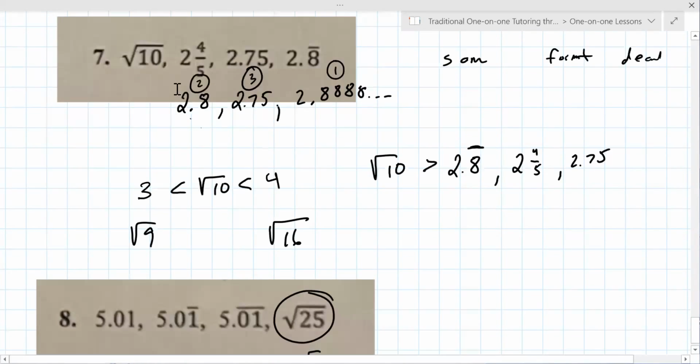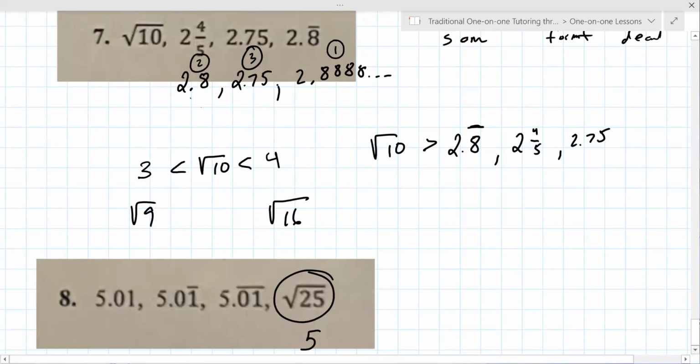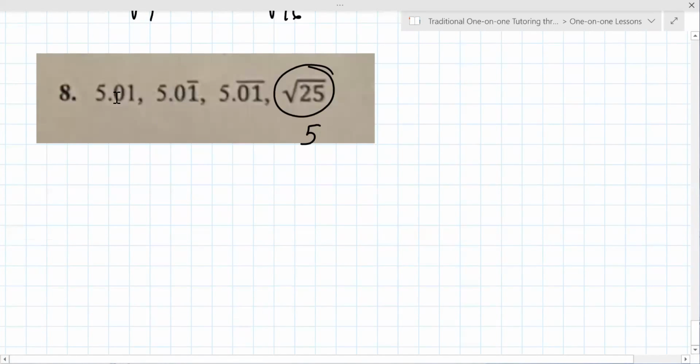In the previous problem, we saw that 2 and 4/5 was 2.8. Okay. So how does 5 compare to 5.01, which is bigger? 5.01 is bigger. Okay. So we know that 5.01 is bigger than 5.